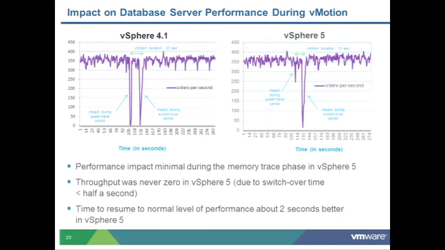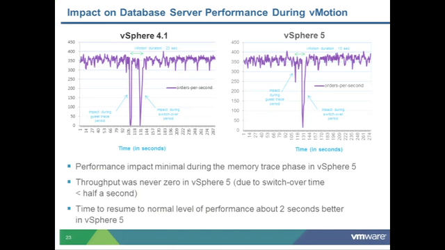On vSphere 4.1, we saw two noticeable dips, one during the memory trace phase as well as one during the switchover phase. In comparison, thanks to all the improvements that we made to memory tracing, in vSphere 5 the dip during the memory trace phase was very, very minimal.